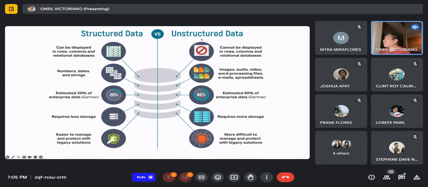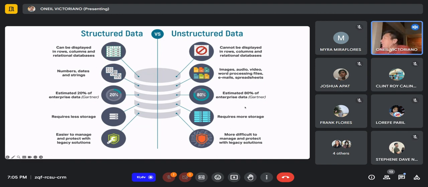When you say unstructured, these cannot be displayed in rows, columns, and relational databases. Examples of this data are images, audio, video, word processing files, email, spreadsheets. And these are basically common nowadays, because we are in the era of different types of data.